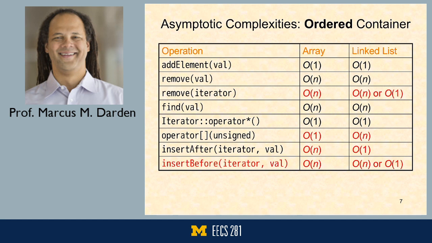I'm trying to remove a particular object that I did some other work and I found this object is now expired. Remove this object right here. That's what that one is really doing. Right? So in this case, remove iterator just uses the iterator itself. So in that case, to remove this from an array with our contiguous memory, this is going to take some linear amount of time because I've got to move things back.